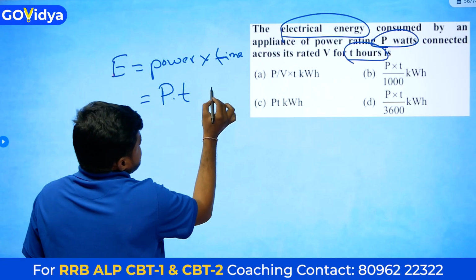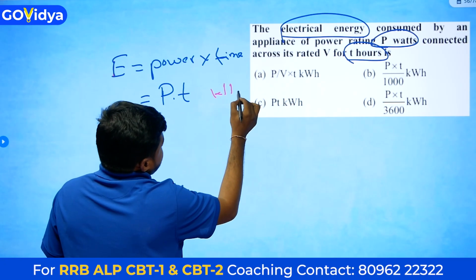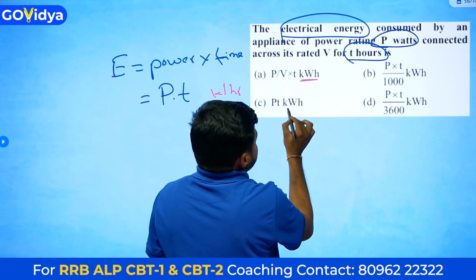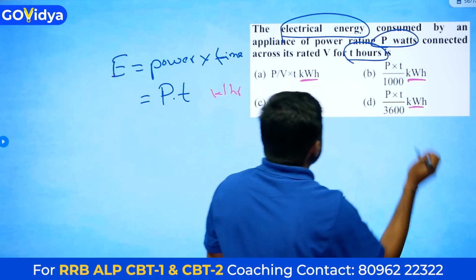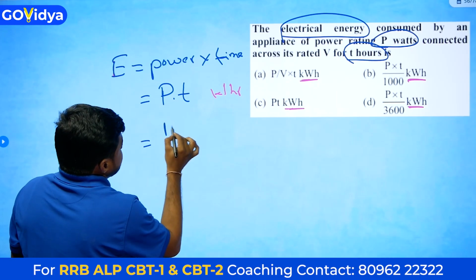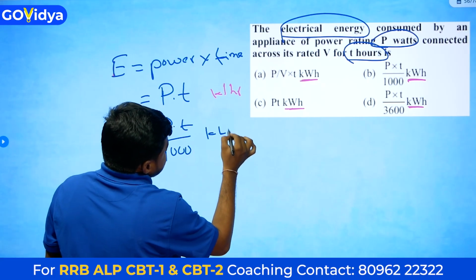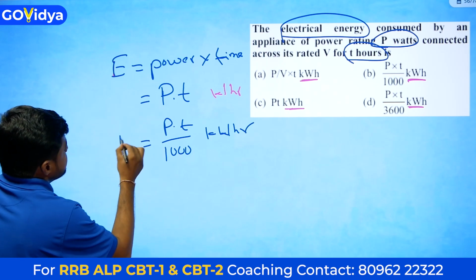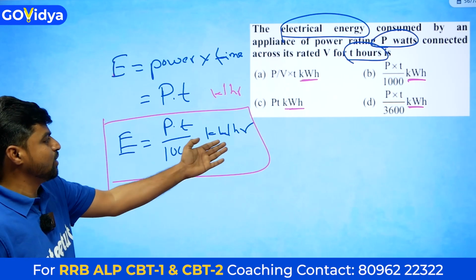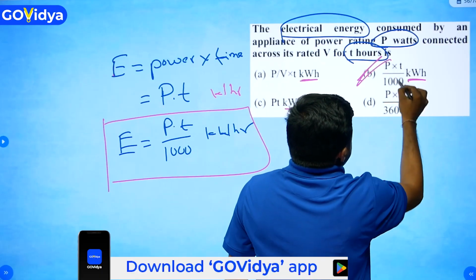Units of power are watts and units of time are hours, so watt hour. But in the options they are given in kilowatt hour, so we have to divide the energy by 1000. Energy is equal to PT by 1000 kilowatt hour. From the options, option B is the correct answer.